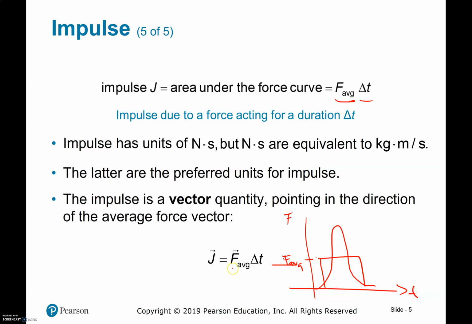If you multiply that by delta t, you get this quantity J, which is F times delta t, equal to the area of the other graph, and that is your impulse. It's a vector quantity because the force is a vector.